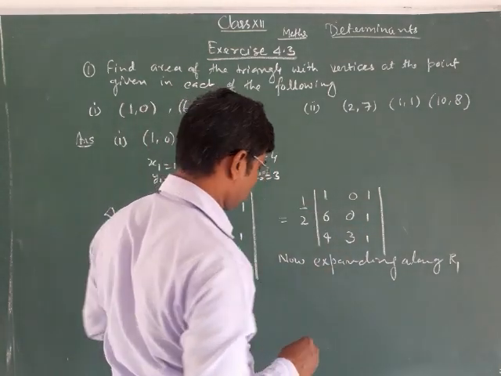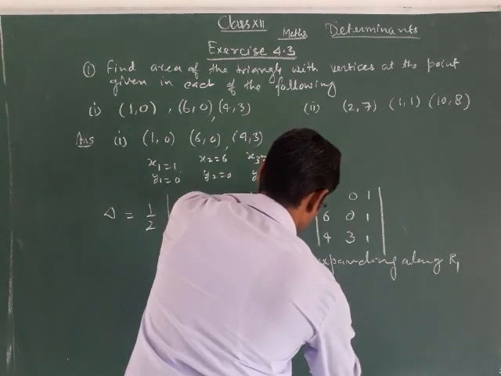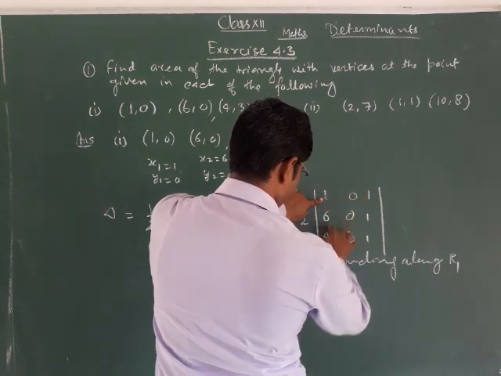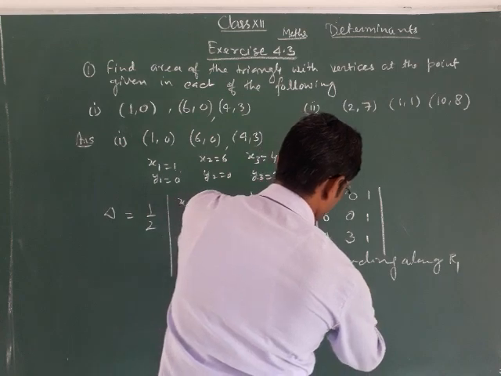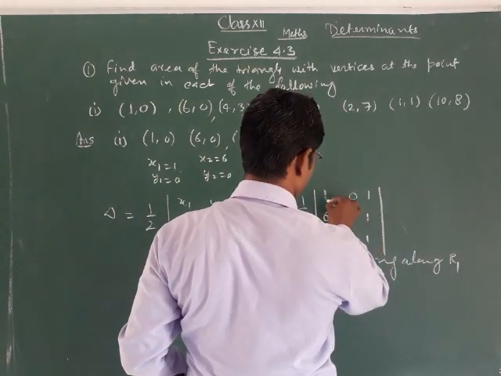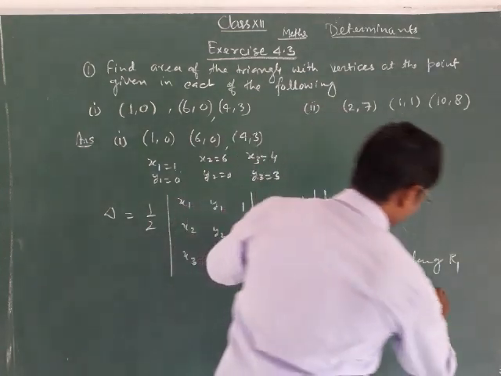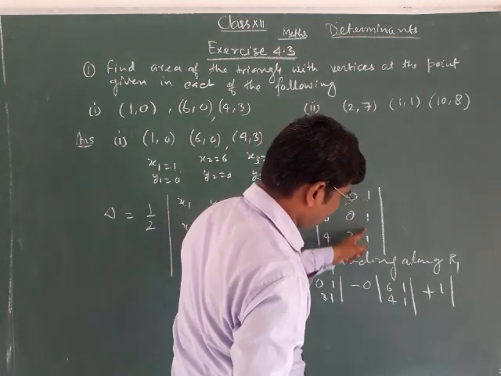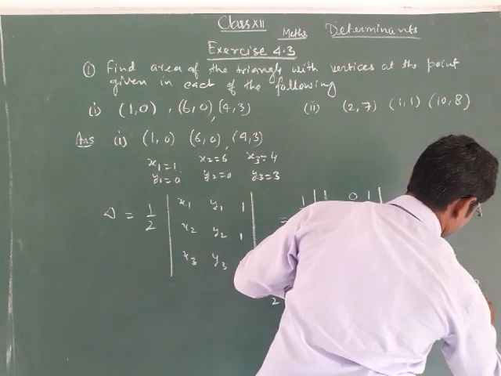Expanding along R1, 1 by 2 times: this is 1, so the row and column are eliminated, and the remaining subdeterminant is 0 3 over 1 1. Then take minus 6: this column and this row are eliminated, leaving 0 3 over 1 1. Then plus 4 and the subdeterminant is 0 0 over 1 1.